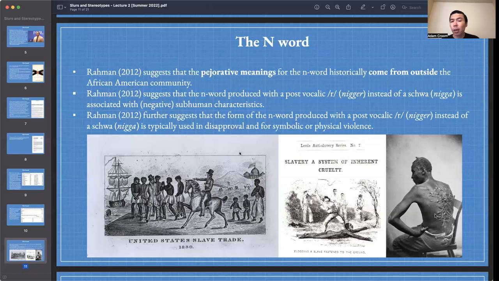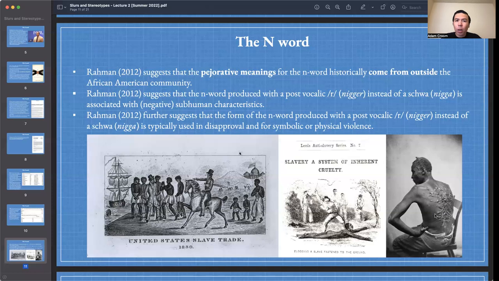Rahman suggests that the N-word produced with a post-vocalic R, instead of a schwa, is associated with negative subhuman characteristics. Okay, so as a shorthand, I'll just say the N-word with an R or the N-word with an A. Okay, just to make it less cumbersome to say over the lecture.